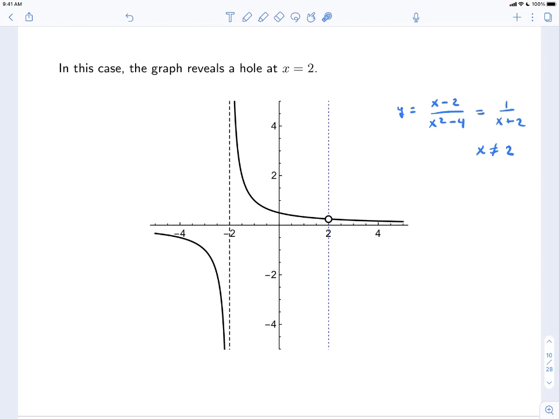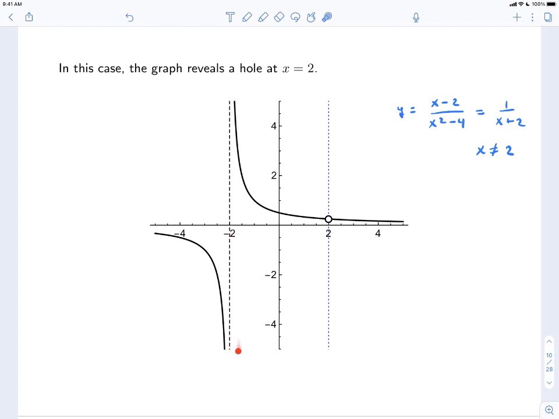And that hole is an artifact of how we defined this function. We defined it in such a way that we were dividing by x squared minus 4. That meant that x couldn't be 2. It also can't be negative 2, but that's a little bit more fundamental. That's not removable. This point here is what we call a removable discontinuity. This one over here is infinite.